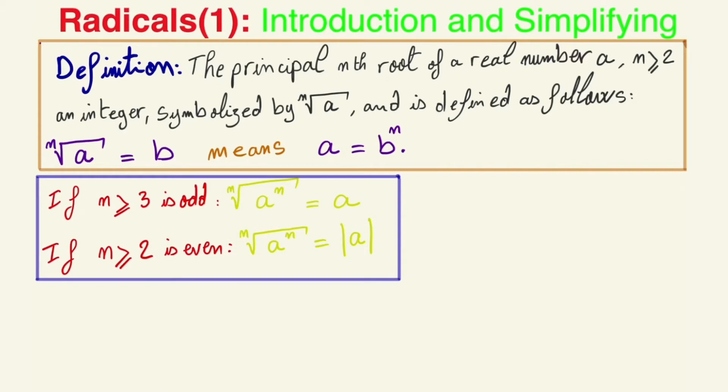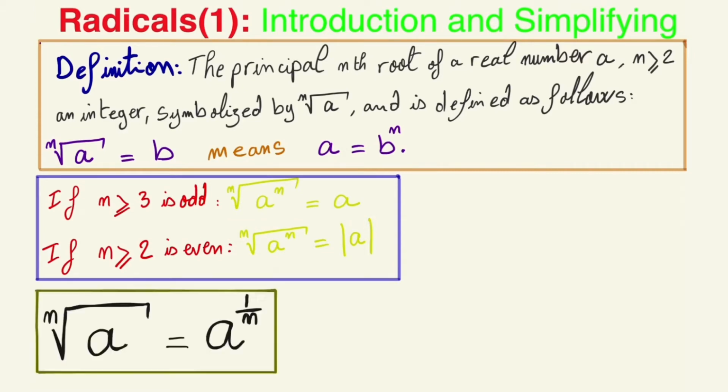And the nth root of a can be defined as a to the power 1 over n. We'll write it like this, and they are always the same thing.